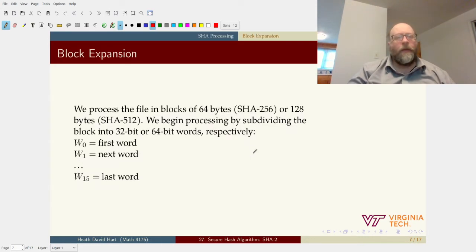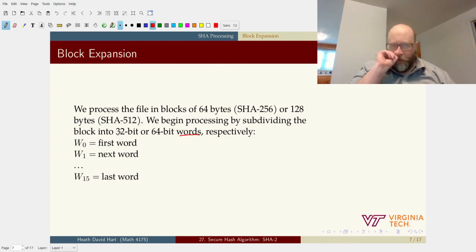All right. Then we have to do some block expansion. So we process the file in blocks of either 256 bits or 512 bits, or if you want to think of this in terms of message block size, 512 or 1024. And then we subdivide these blocks into words.